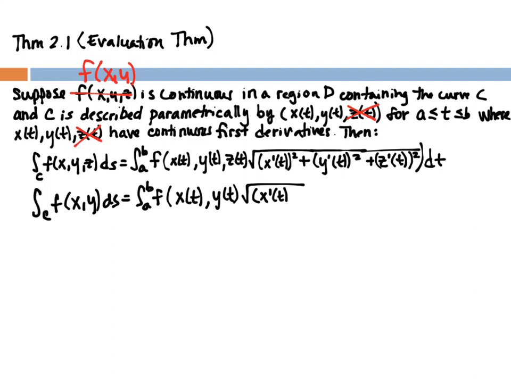So the square root is x prime of t squared and only y prime of t squared, because it's the only other one. And then at the end I have dt. So this is for the two-dimensional version, and this one's for the three-dimensional version. Awfully similar, right?